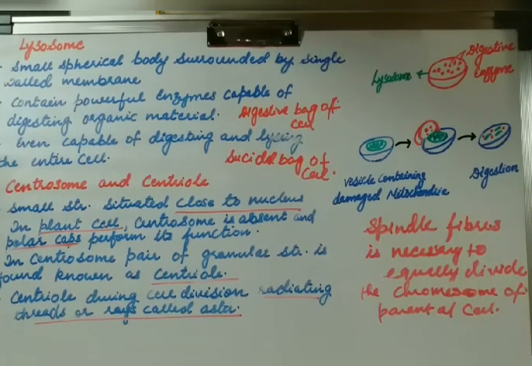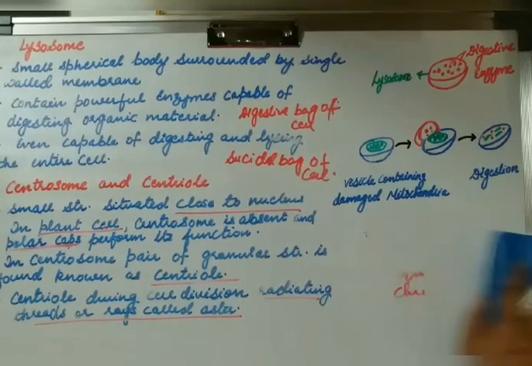Inside the nucleus there is a chromatin material, and in that there is a chromosome. Those chromosomes during cell division are equally divided by the formation of spindle fibers. You can see it like this.